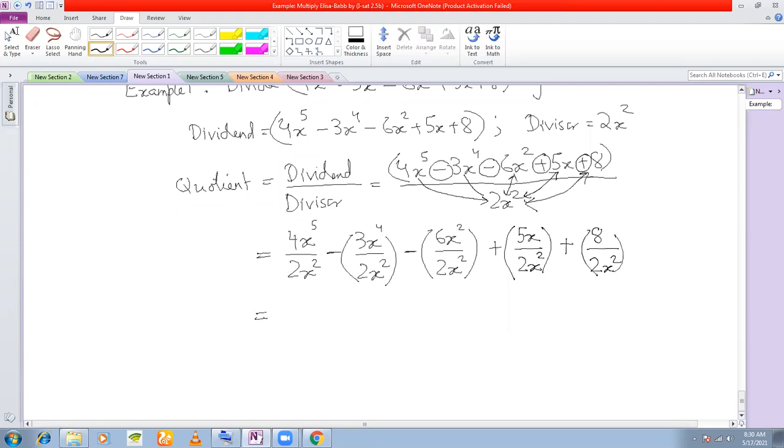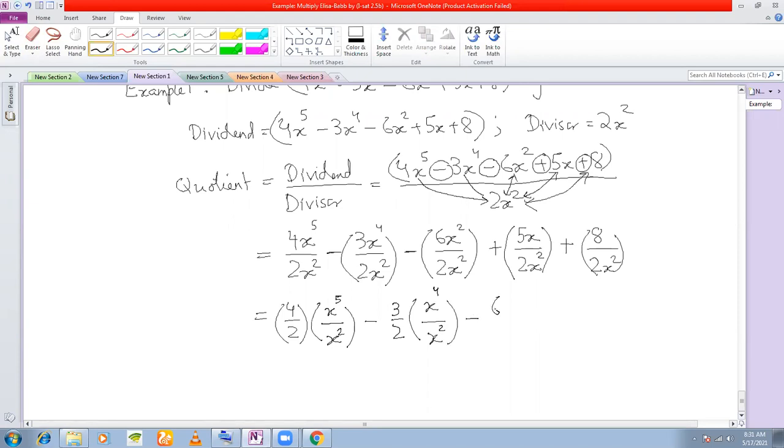Okay, now exactly similarly as we carry out the division of monomials, you take the coefficients together, 4 by 2, and x you take together. So you have x to the power of 5 by x square. Minus 3 by 2, you have x to the power of 4 by x square.